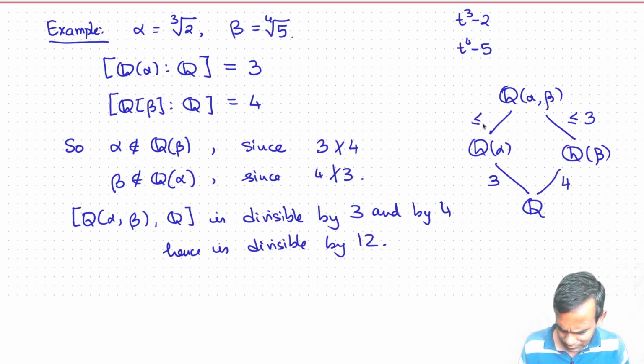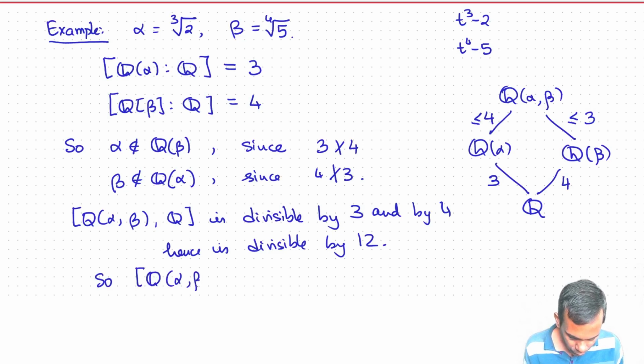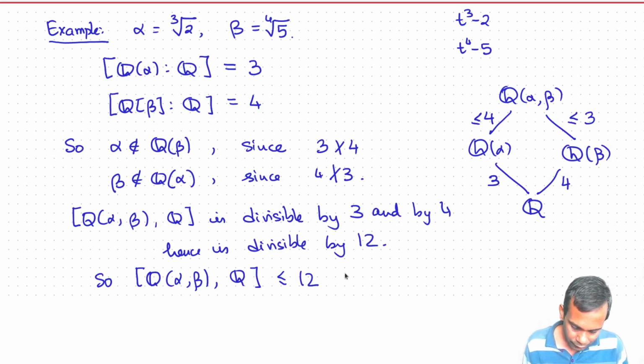Similarly, you could argue that the degree over here must be less than or equal to 4. And so what we get is that the degree of Q(alpha, beta) over Q is less than or equal to 4 times 3, which is 12. Since we know that it's divisible by 12, it has to be exactly 12.